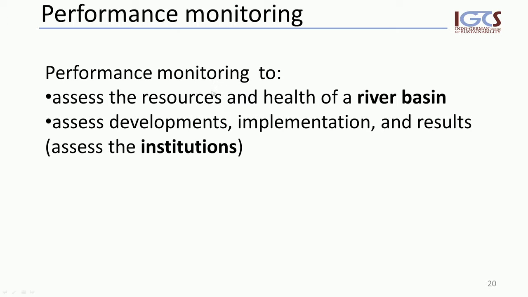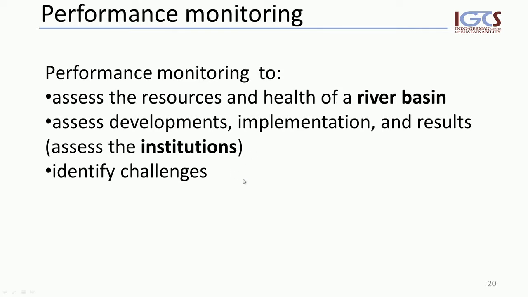This is one part of the performance monitoring. The other has to do with the actual institutions dealing with all of these aspects or influencing these aspects of the water availability, water quality, water supply, distribution, treatment in our river basin.